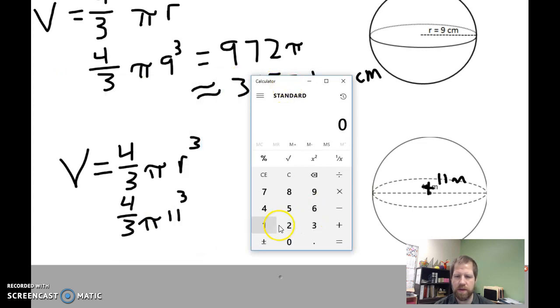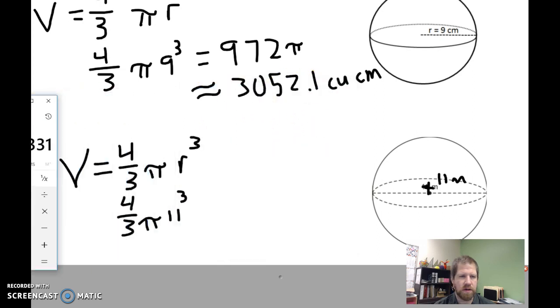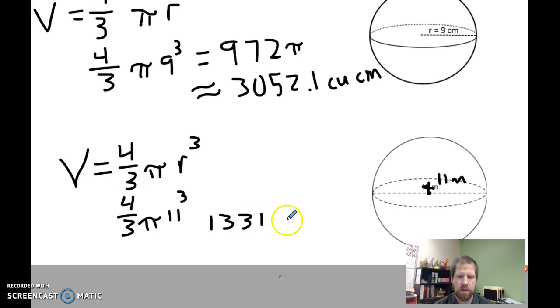Bring my calculator back. 11 times 11 is 121, times 11 again is 1,331. So I've got 1,331 pi, and I still have to multiply that by 4/3.